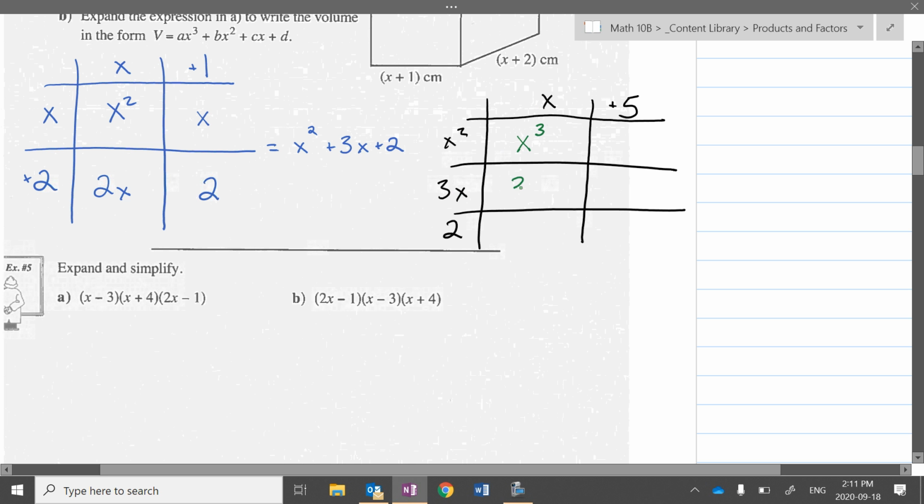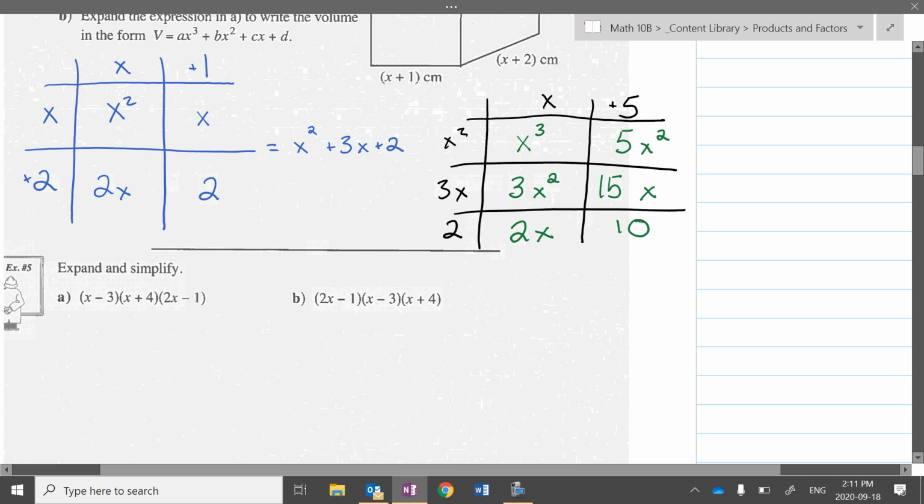X times 3x gives me 3x squared. X times 2 gives us 2x. 5 times x squared gives me 5x squared. 5 times 3x gives us 15x. 5 times 2 gives us 10.